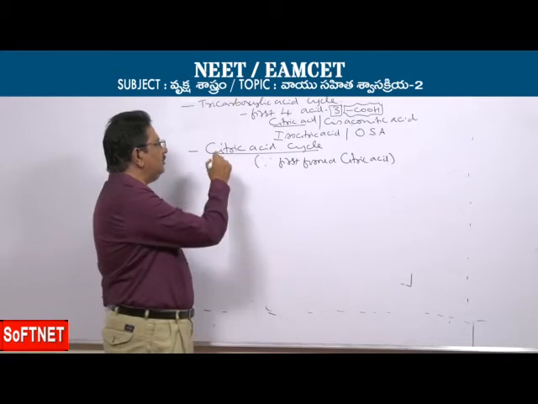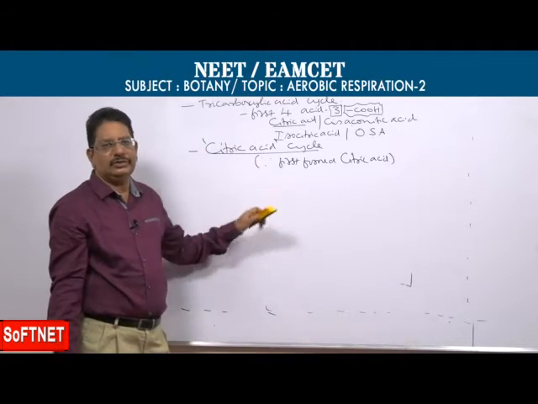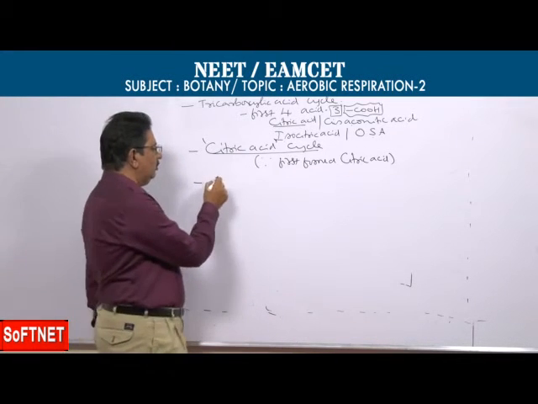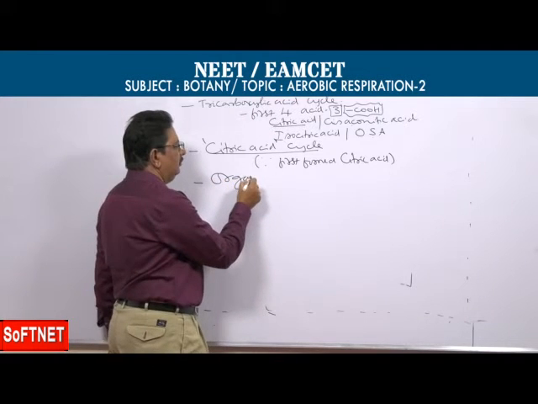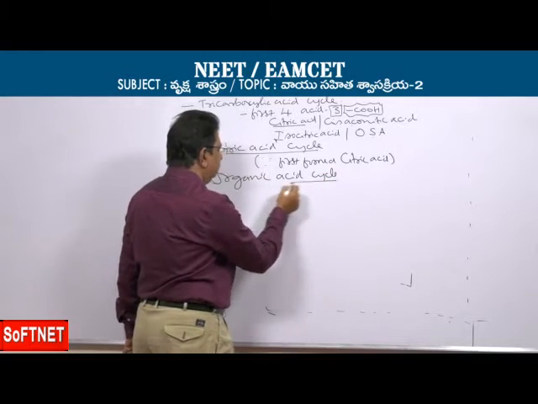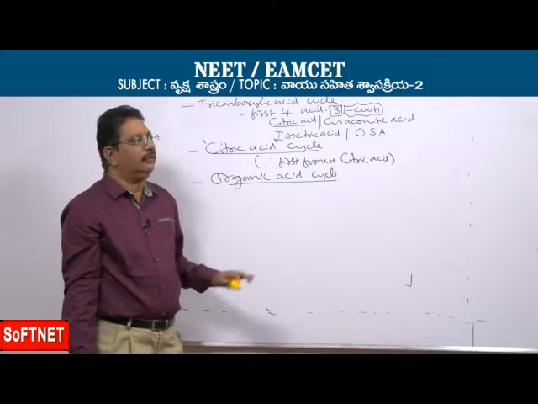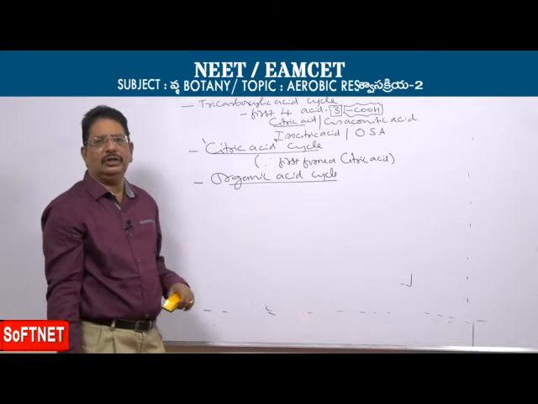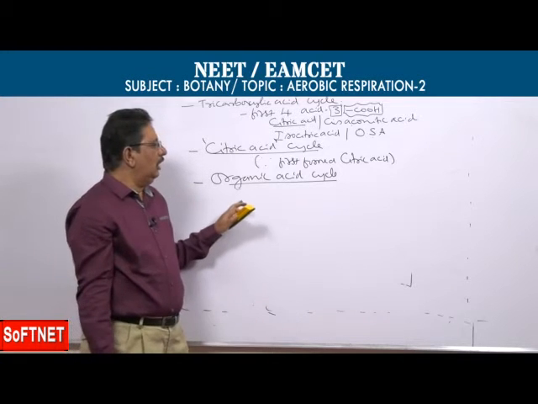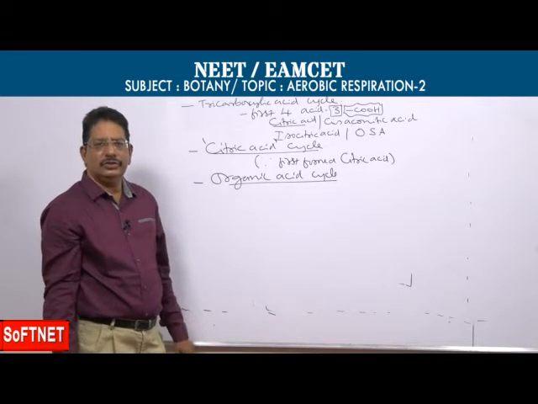Hence, this pathway is named the citric acid cycle. It is also called the organic acid cycle. Why? Because during the conversion of acetyl coenzyme A into CO2 and H2O, a good number of organic acids are formed. Hence, it is called the organic acid cycle.